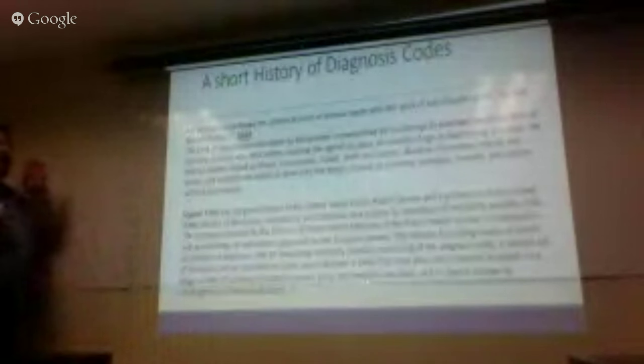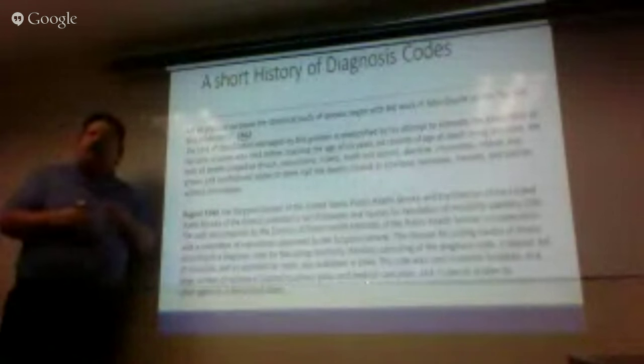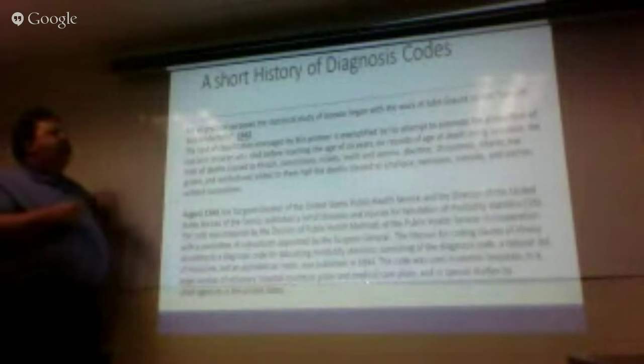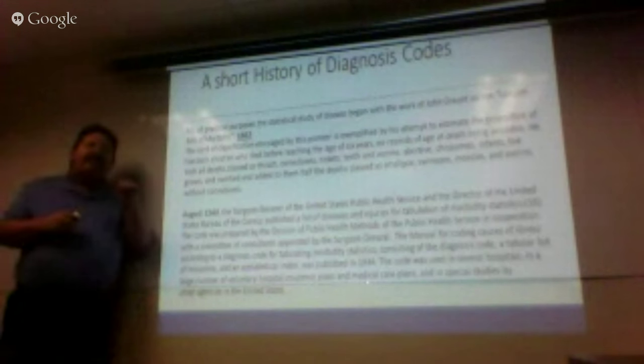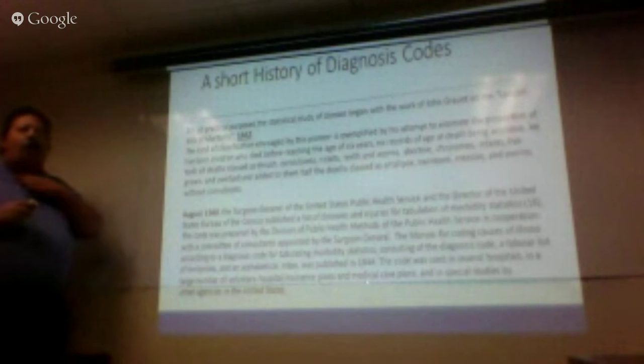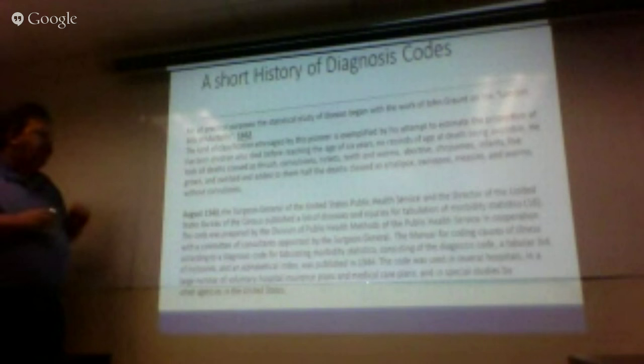Lots of people think that coding is something that's relatively new in terms of medical coding. The very first coding work was done in the London Bills of Mortality in 1662. So my codes have been around a whole lot longer than everybody else's.